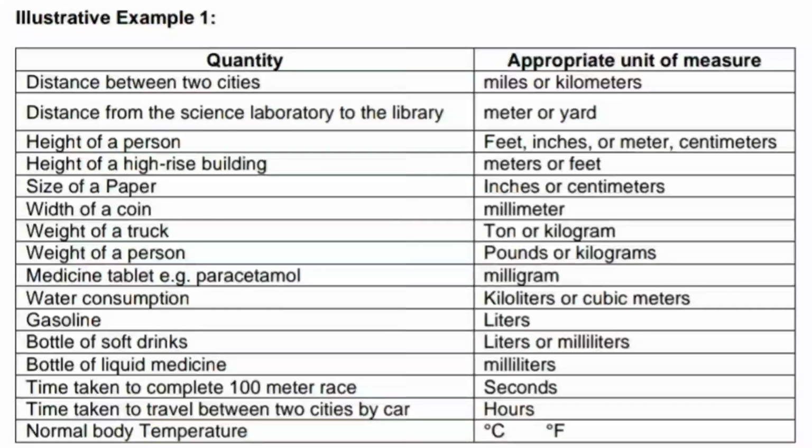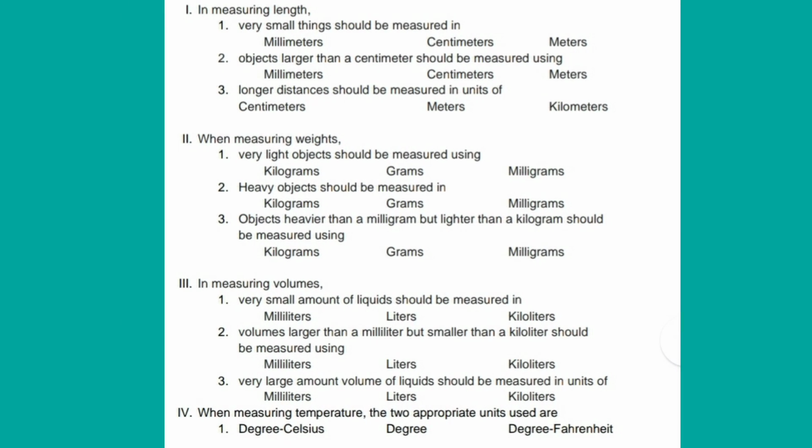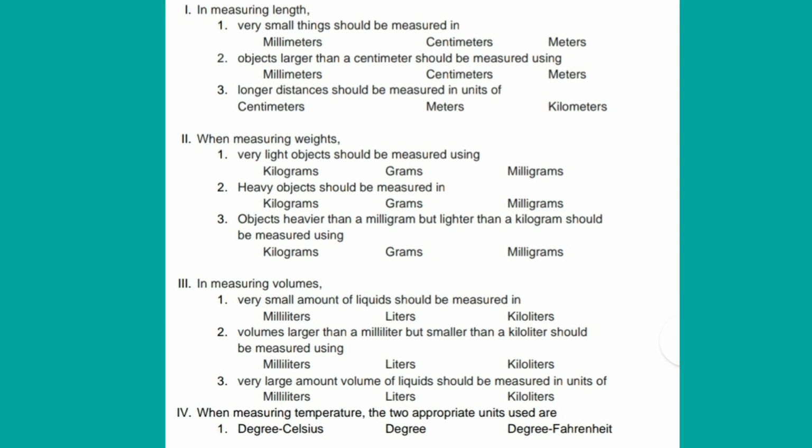Okay, so let us answer exercises that will give you more understanding on how to choose an appropriate unit of measurement. Okay, so number 1, in measuring length, very small things should be measured in. What is your answer? Millimeters.